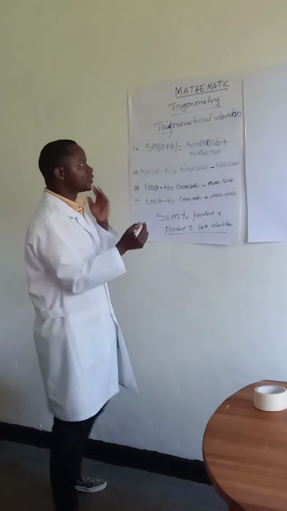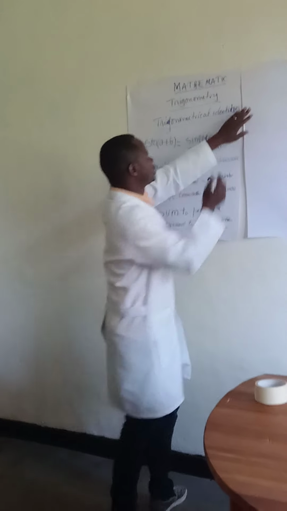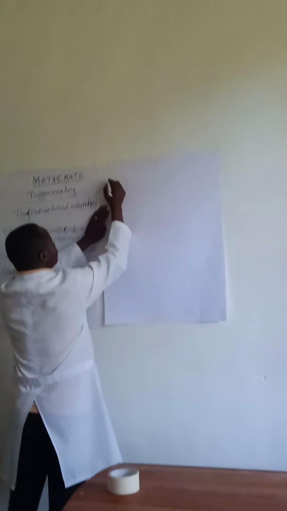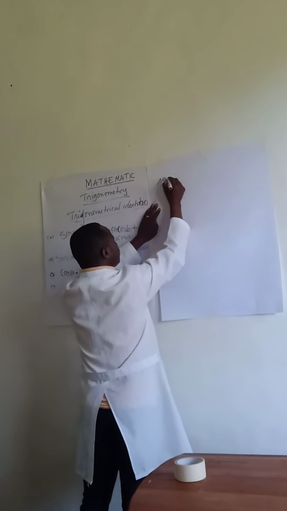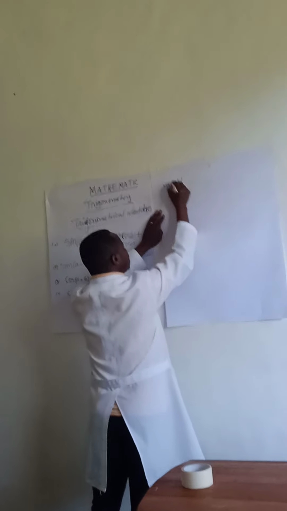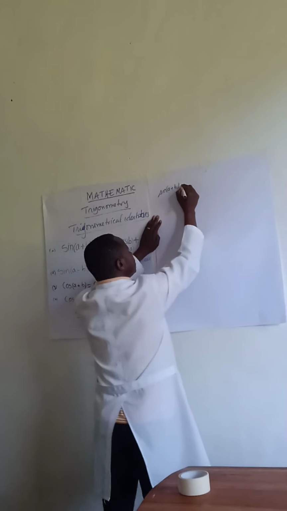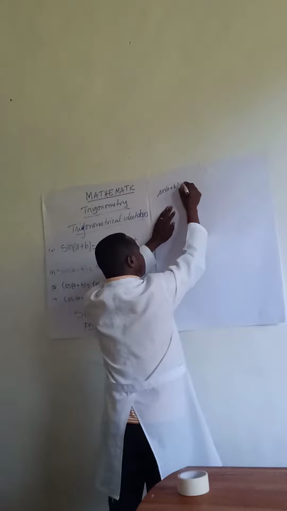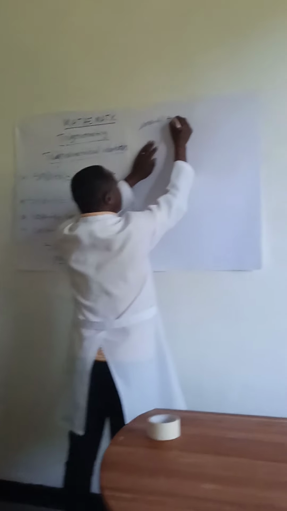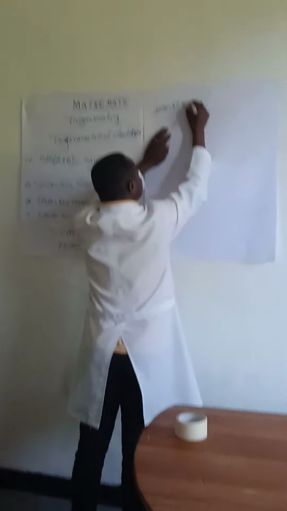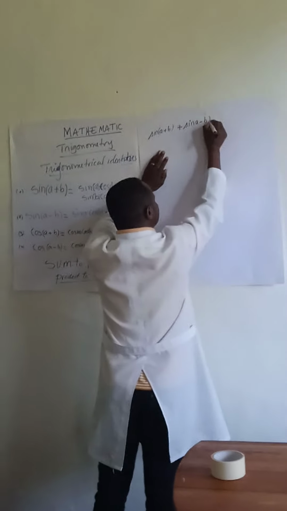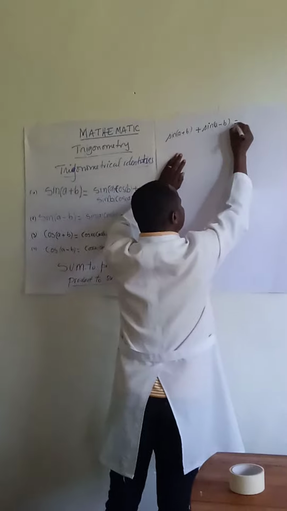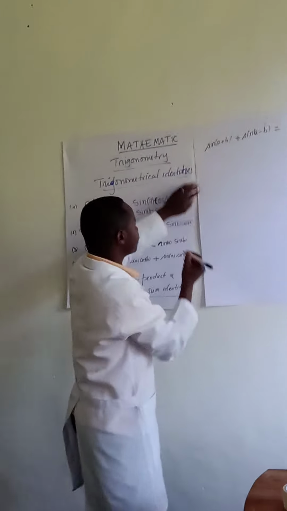So how? What will we get if we take sine of an angle A plus B plus also sine of an angle A negative B? We are going to find this one.